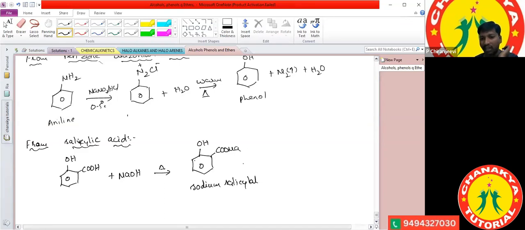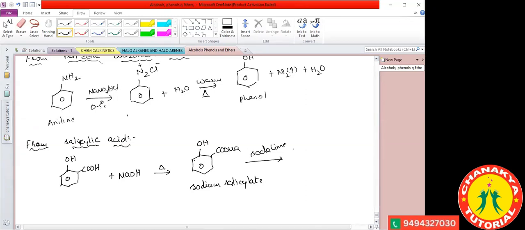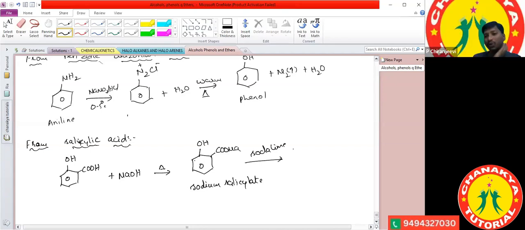Again, the sodium salicylate is treated with soda lime. What is the molecular formula of soda lime? CaCO3? That's not soda lime, that is limestone.